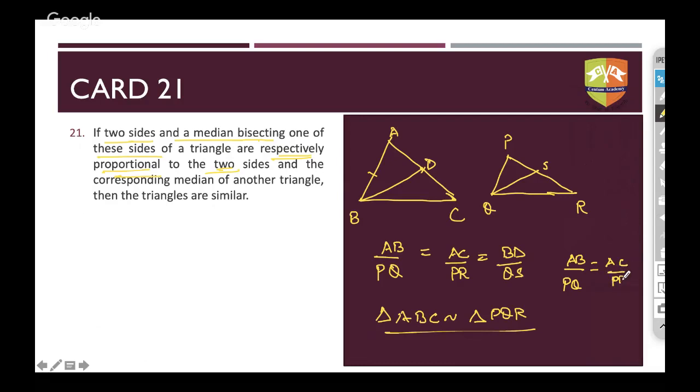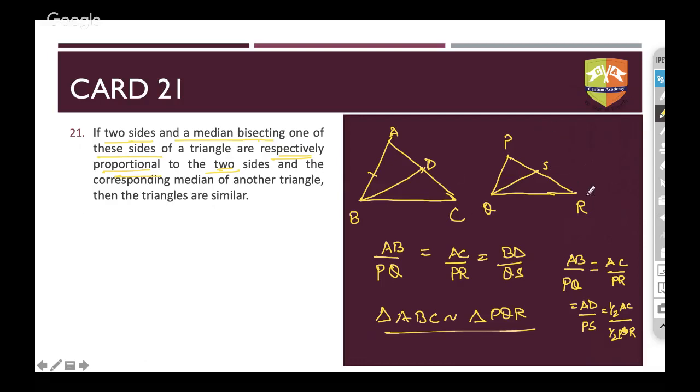So it will also be equal to AD upon PS. Why? Because AD is nothing but half of AC, and PS is nothing but half of PR. Okay, so when that is true, that means if you consider these two triangles, which two?